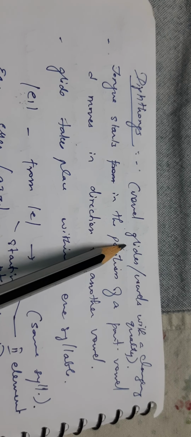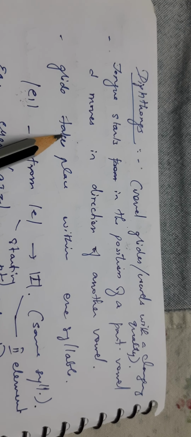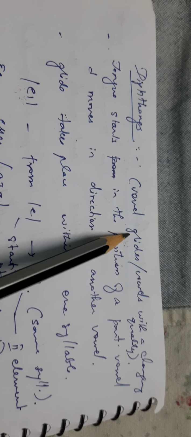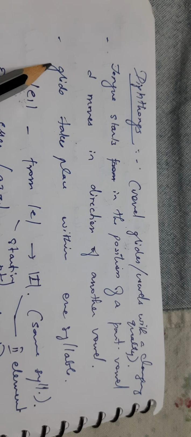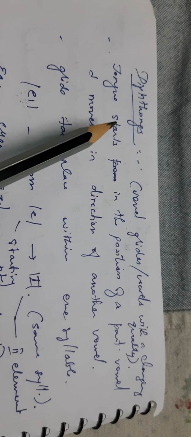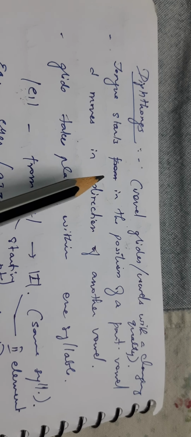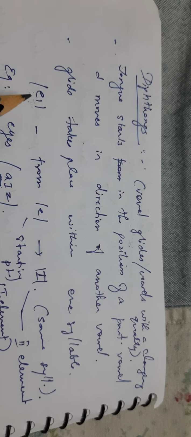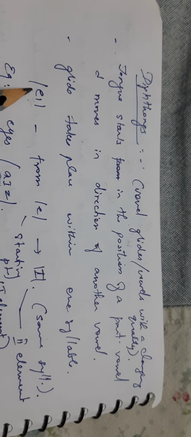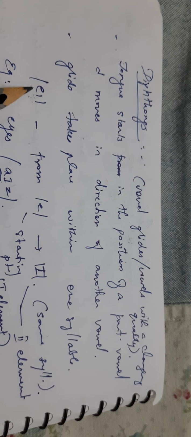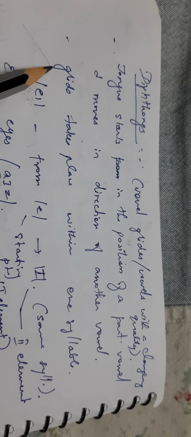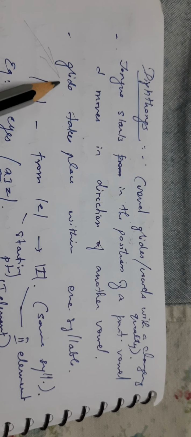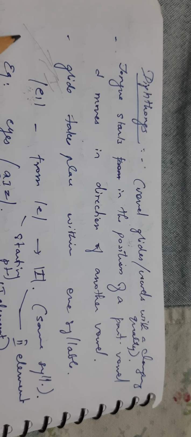You know what is called a glide, isn't it? Starting from one position, anything that goes like a glide is called a glide. So here when the vowel is taking a position from one point to another, that is called a diphthong or vowel glide. When you are noting down here, the first starting sound is A. The tongue starts from the sound A, and then it is moving to another point E. So this is what is happening in a vowel glide or diphthong.